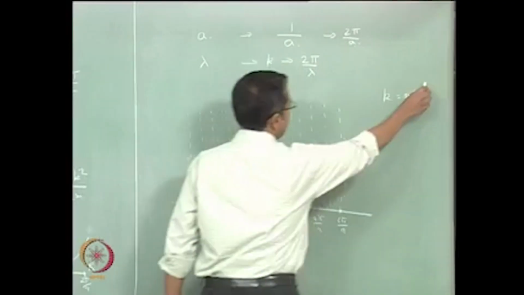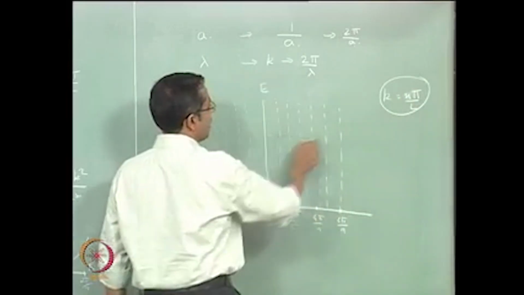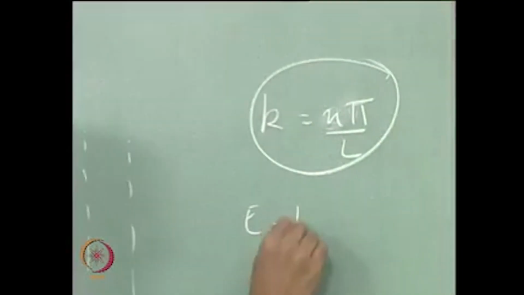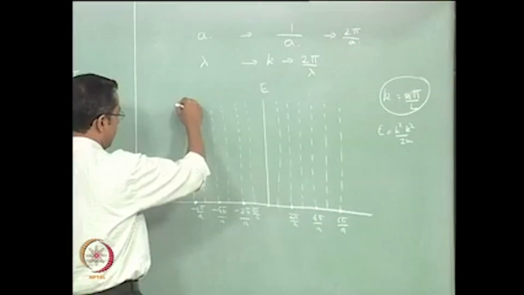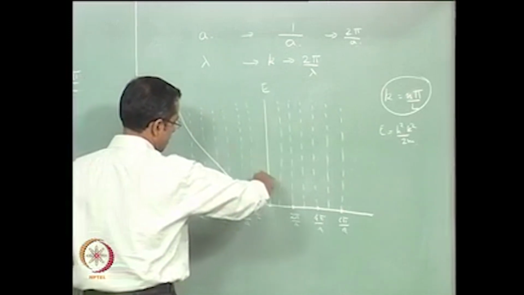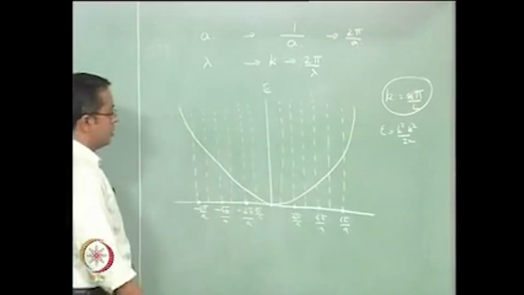So on this scale, when you plot, this is energy, the allowed values of k are n pi by L and E equals h bar square k square by 2 m. What you get is a parabola, it will look like a parabola like that, okay.